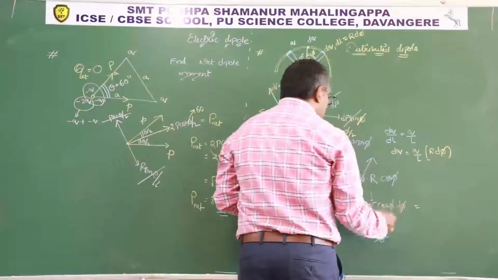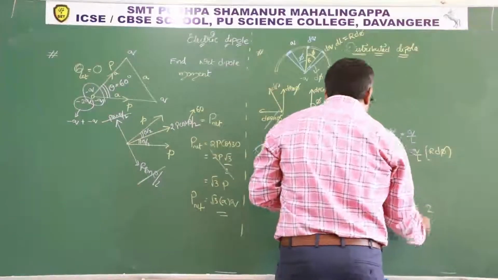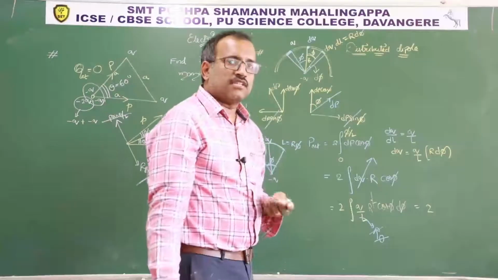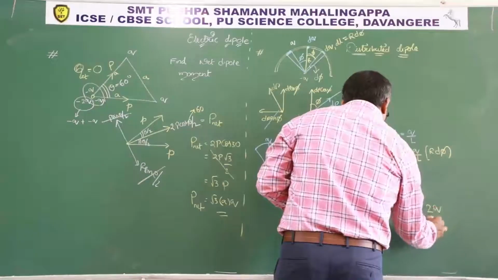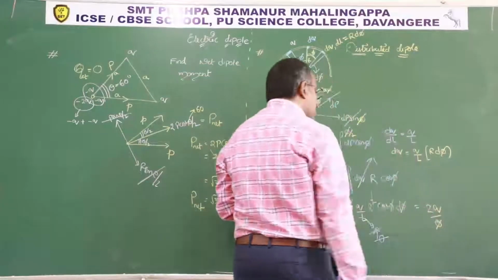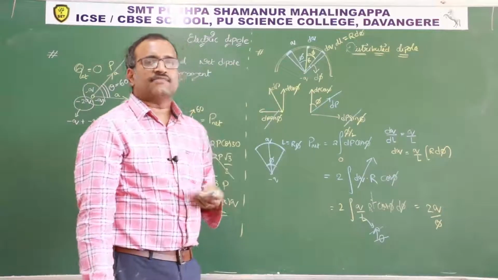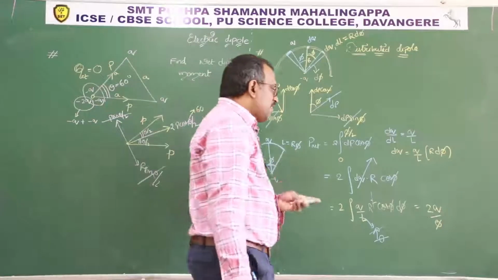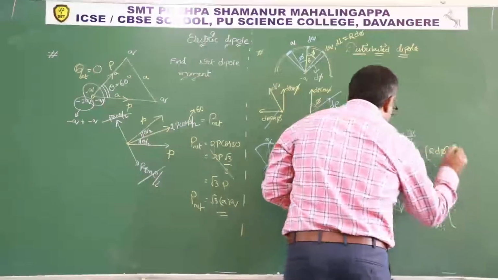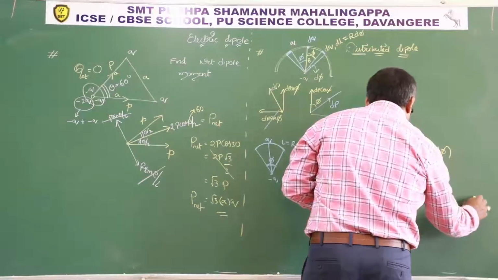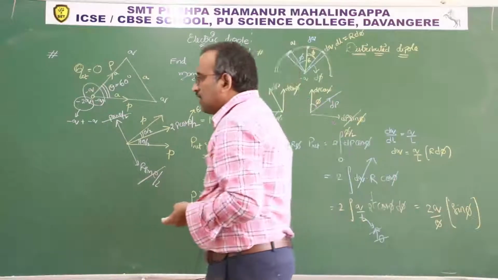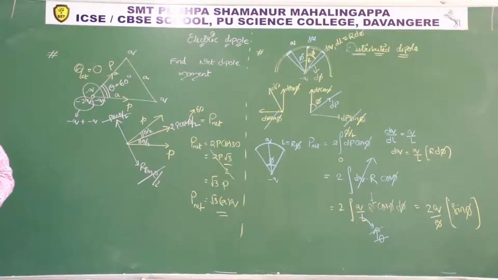So this will be 2 times q, taking out phi, taking out cos phi d phi. The integration of cos phi d phi is sin phi. Absolutely, this is the idea behind this.